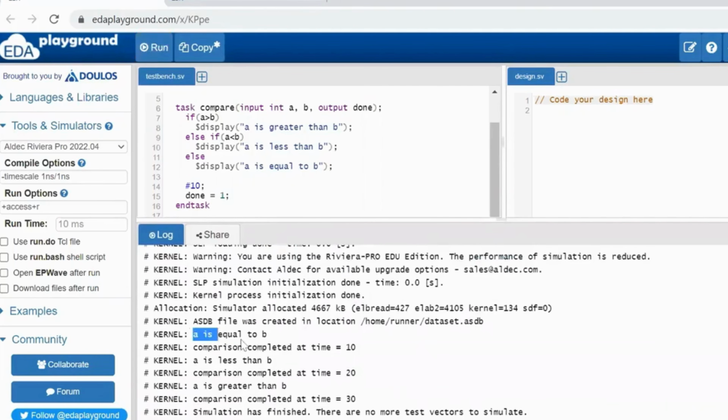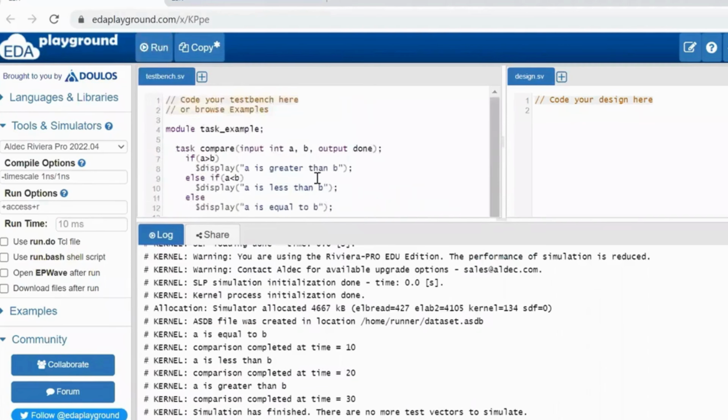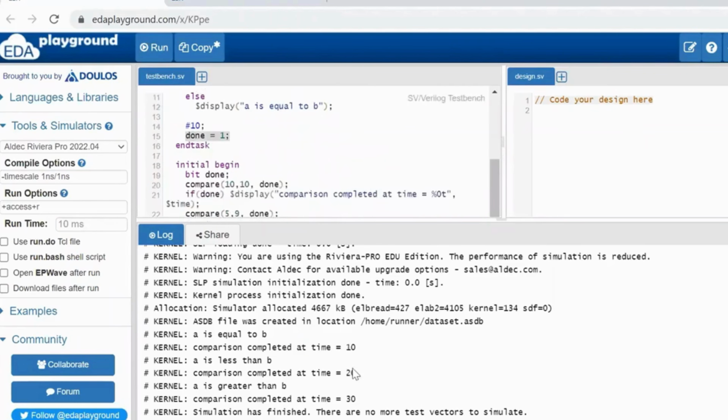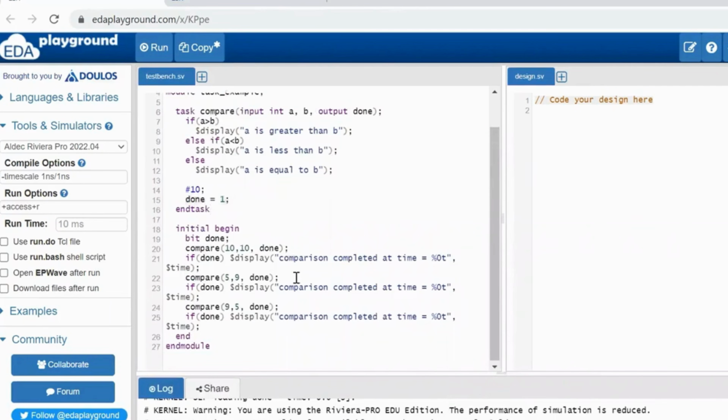So see here, A is equal to B, as we passed 10 equal to 10, and the else statement is executing for A greater than or equal to B. And once done equals 1, we are comparing the completed time. Initially 10, for the next statement it is 10 plus 10, 20, and the next statement 20 plus 10, 30. Like that we are comparing the time as we are using the delays in the task.